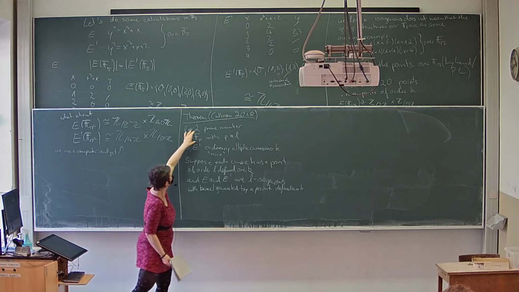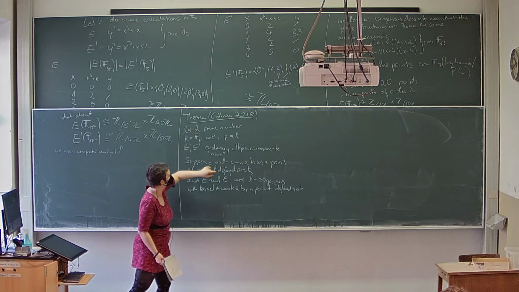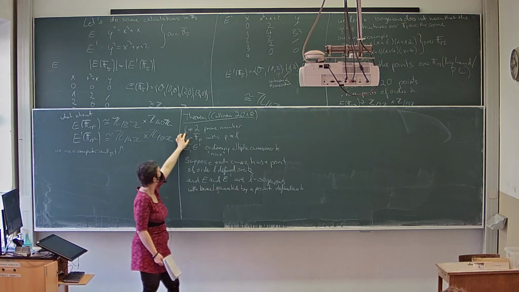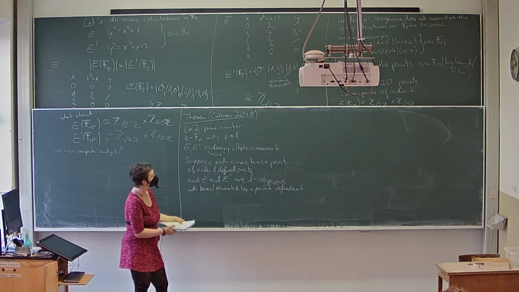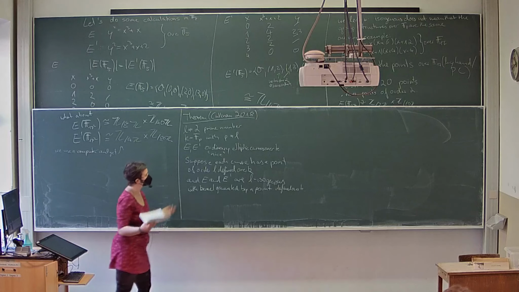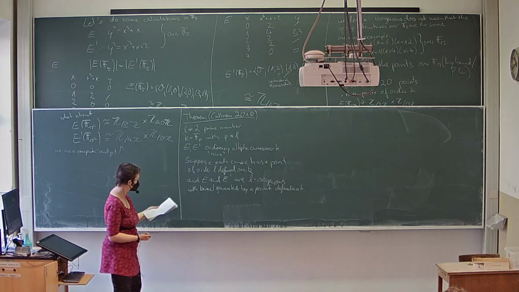We are in a finite field. We have an L isogeny where L and P are different prime numbers. E and E prime are not extraordinary, basically.